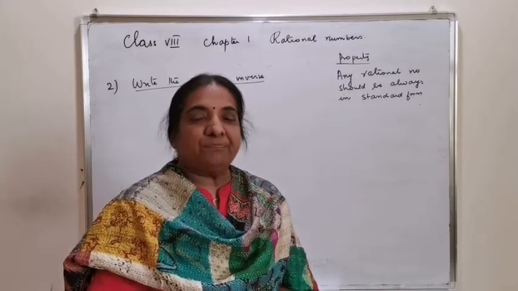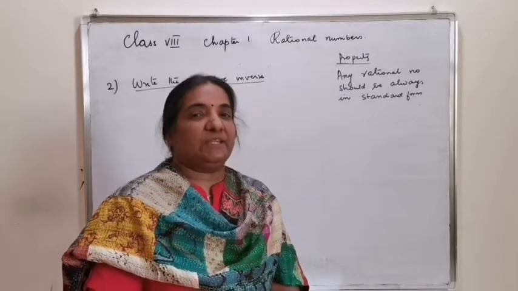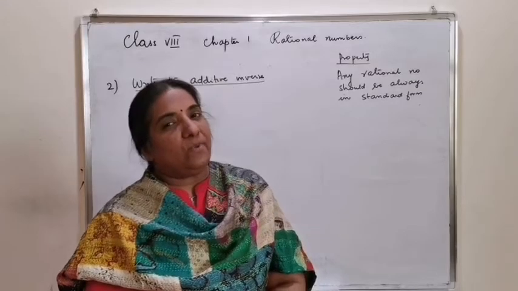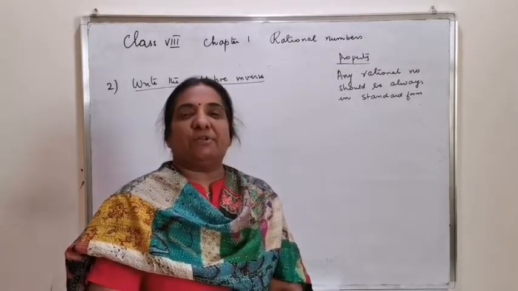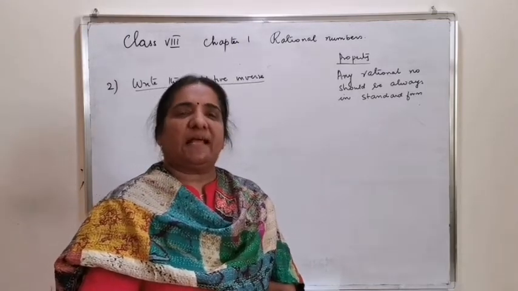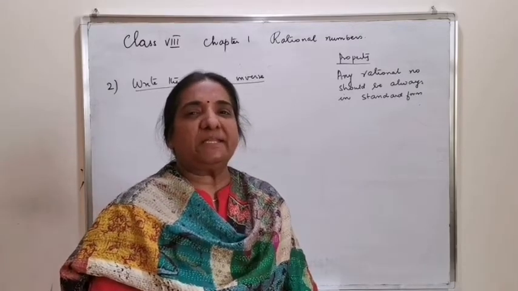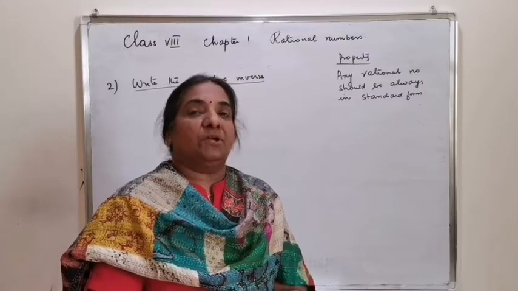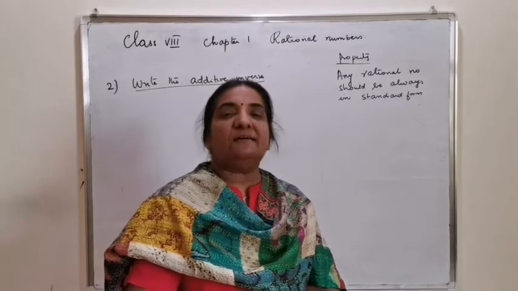That means when any rational number has a negative denominator, the negative sign should always be in the numerator, and the rational number always should be in the simplified form. So whenever a rational number is given to you without these properties, before applying the answer, the question itself you rearrange so that you will not make a mistake.